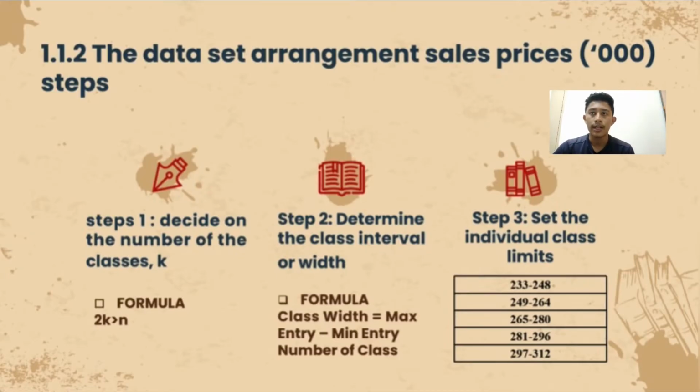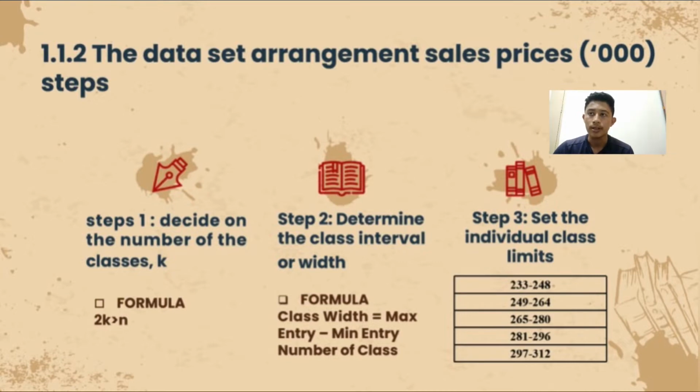The data set arrangement, cell price. Step 1: decide on the number of classes K. The formula is 2^K ≥ n. Step 2: determine the class interval width. The formula is class width equals max entry minus min entry over number of classes.